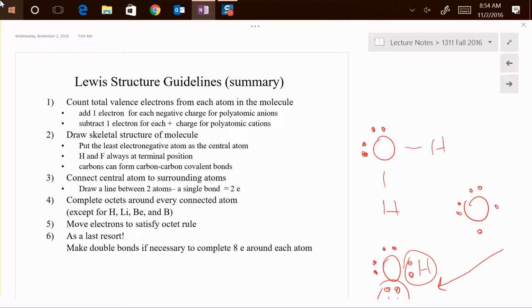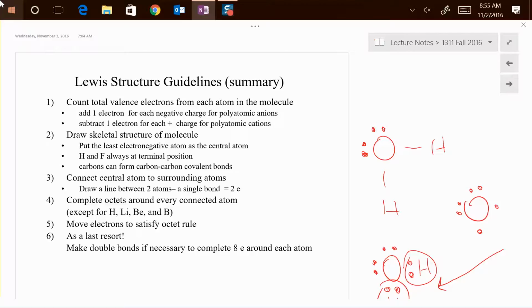Okay? And we would basically consider that same thing here with these guys. The halogens, they're always on the outside. Except when they're on the inside, okay? But that's a whole different situation that we'll talk about when we talk about expanded octet. But for these general guidelines that we're following, those guys are on the outside. Okay?